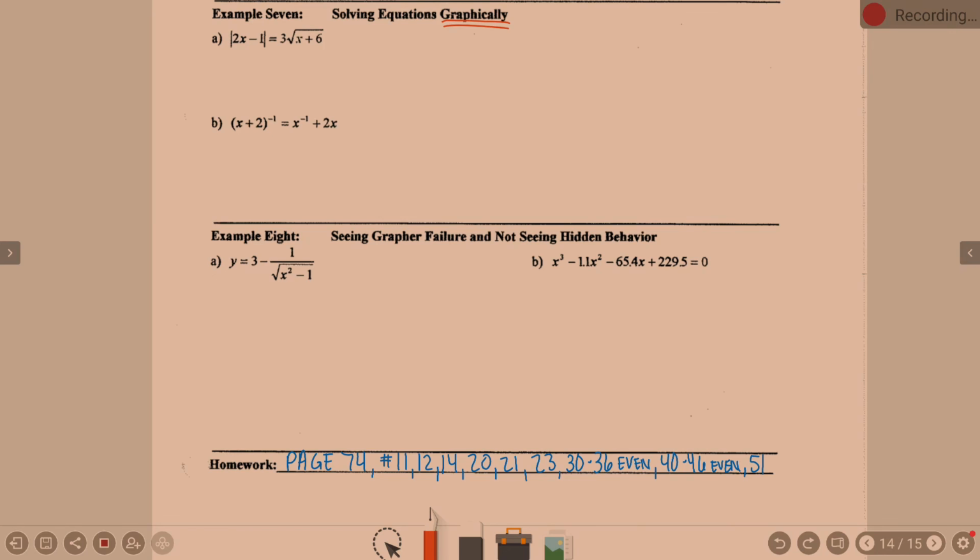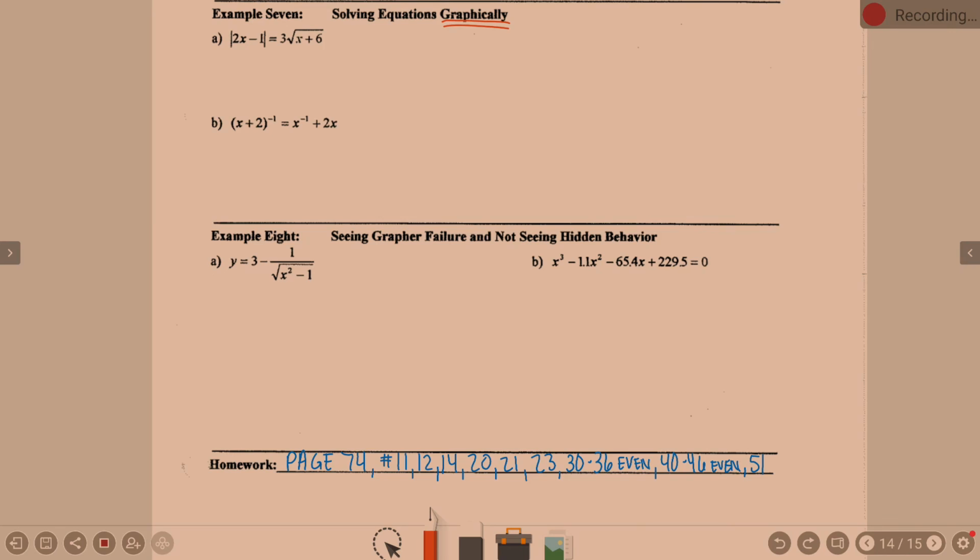And I believe the book and their directions will say to set your equation equal to 0 on the right, or something like that. I can't remember how it reads. But we're going to make this equation equal to 0 so we can plug it into the calculator. I'm not going to do any work with this by hand. I have a square root and an absolute value. Can I do anything with that mess?